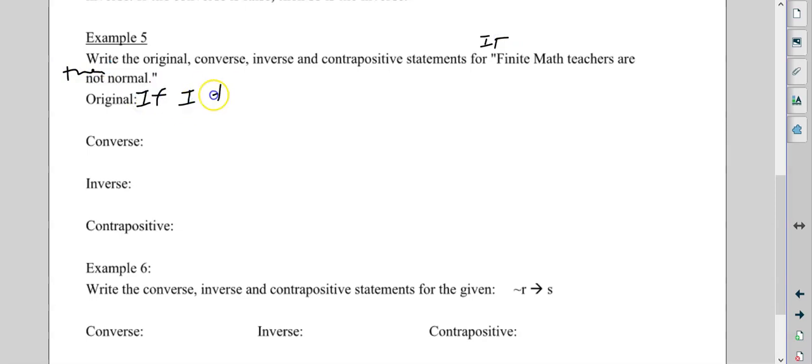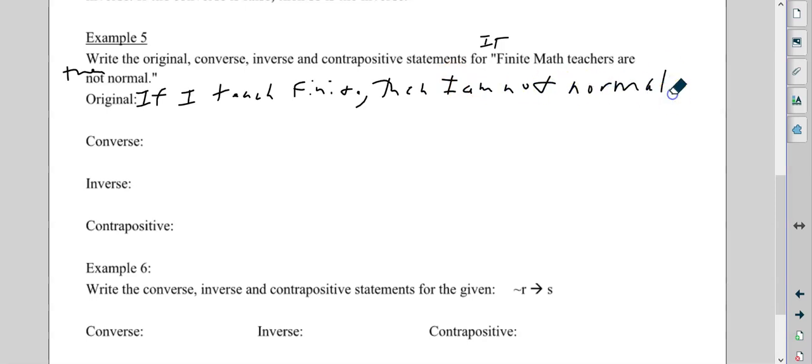If I teach finite, then I am not normal. Now remember, in this case, we actually have a not in my original statement. There's a not in the original statement.